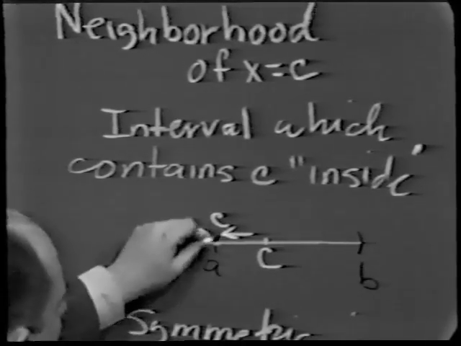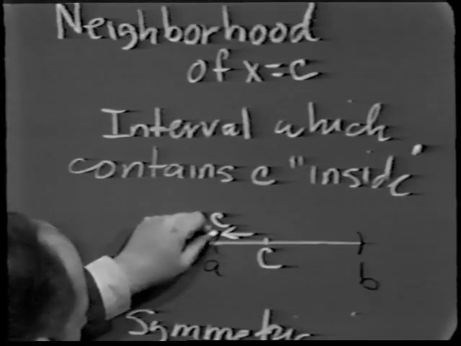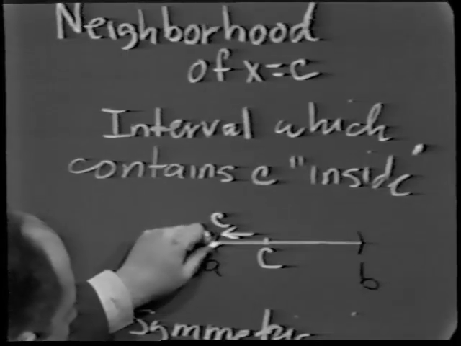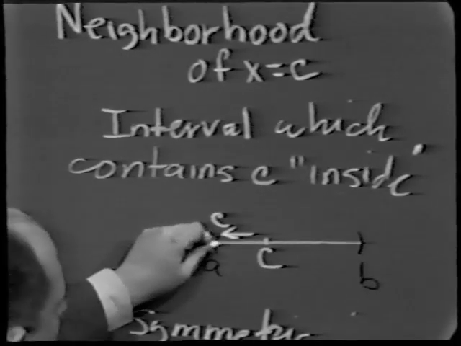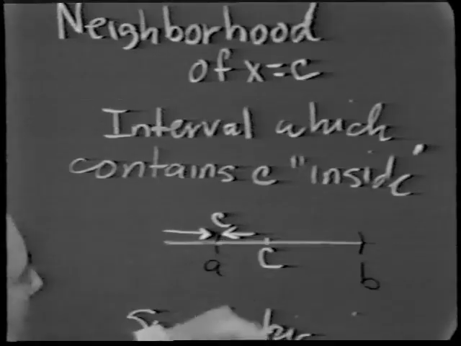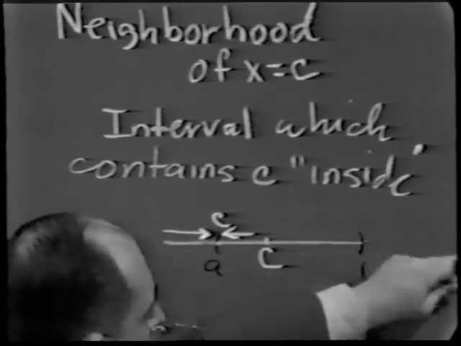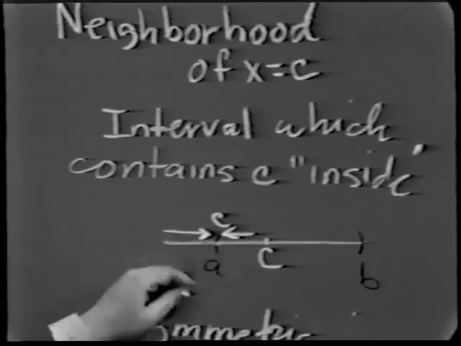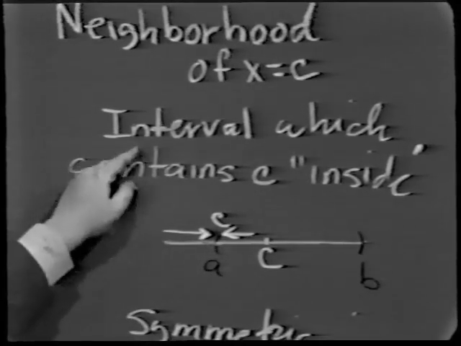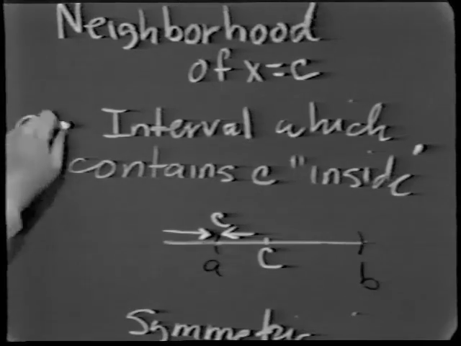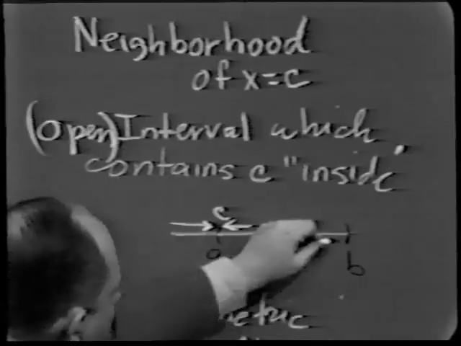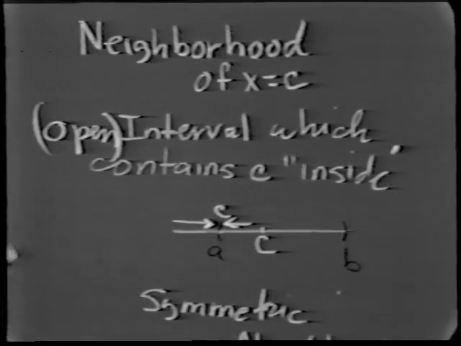And somehow or other, if we let that point be at the very end of our interval, we have no information. For example, if that point is the left endpoint, we don't know what's happening before we get to the point. If it's the right endpoint, we don't know what's happening afterwards. And that's why you'll find in the textbook that a neighborhood is defined to be an open interval which contains c. In other words, we want to make sure that c is in the interior here.